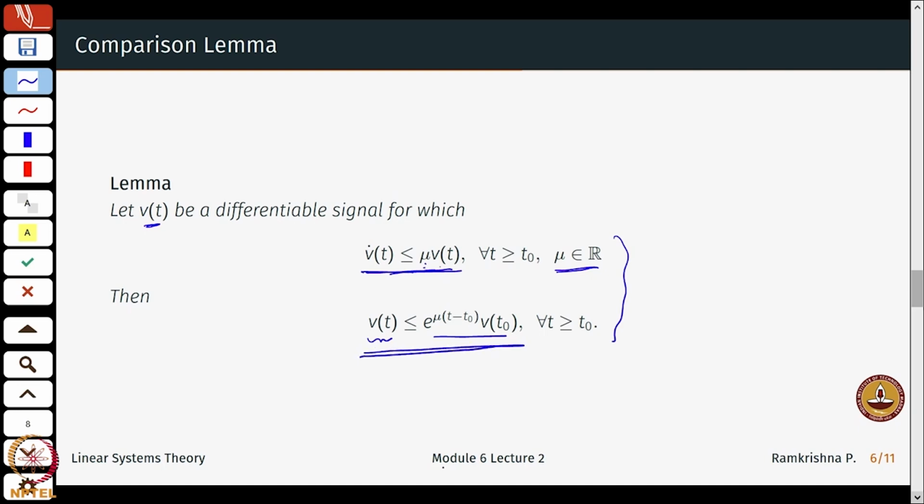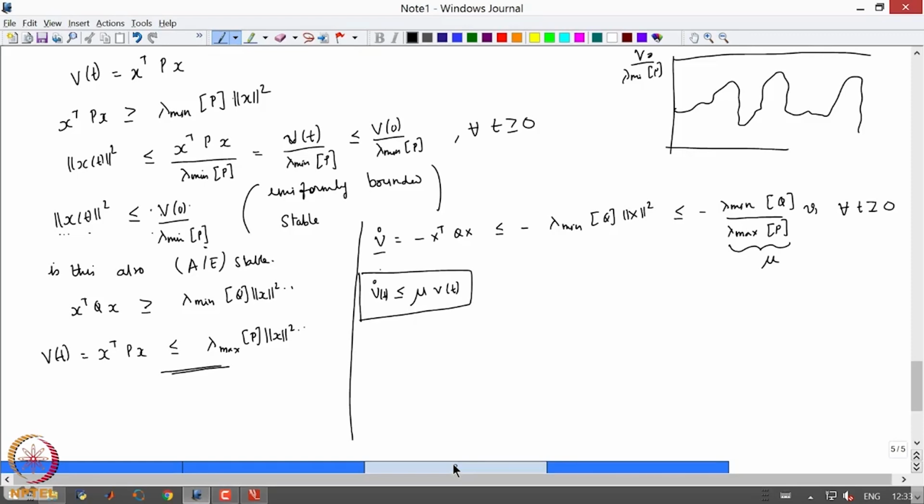Let us exploit that. Applying the comparison lemma, what can I say about V?